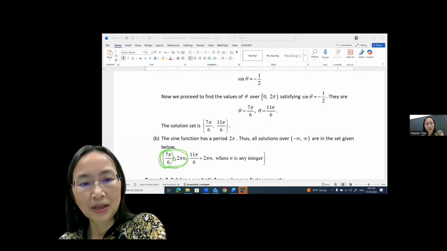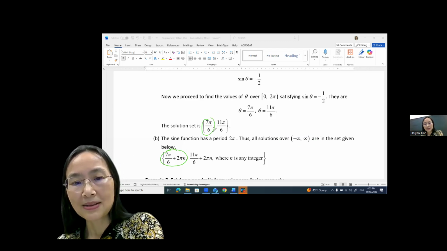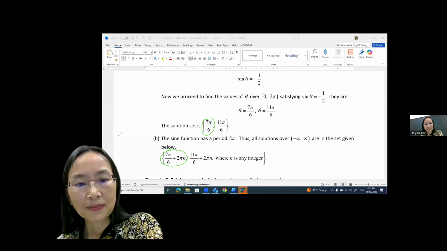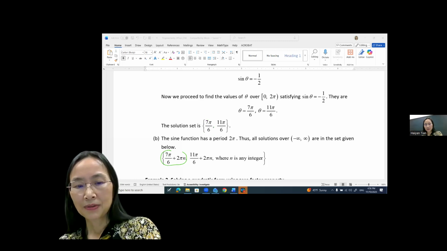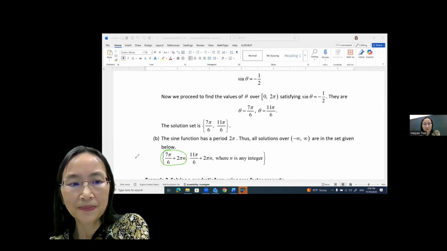So all these angles have the same sine value. If 7 pi over 6 has sine value negative half, then all these coterminal angles have sine value negative half.